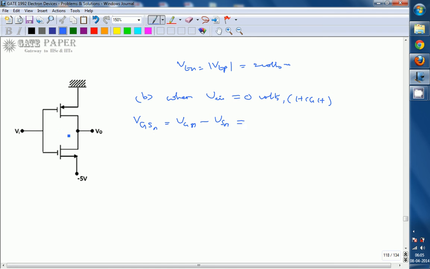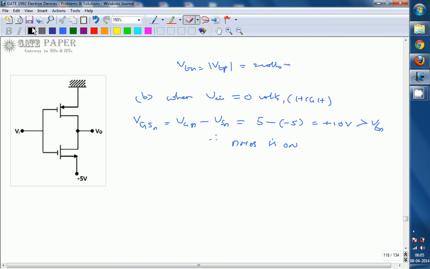VGN is now... sorry, it's a small mistake, here this is not plus 5, it is plus 0 volts.